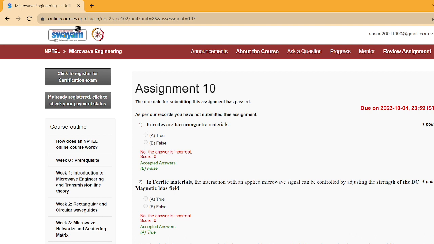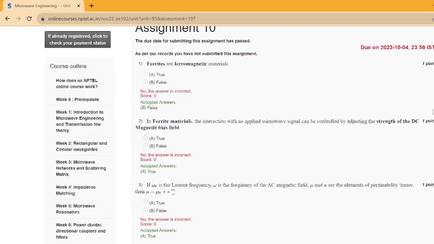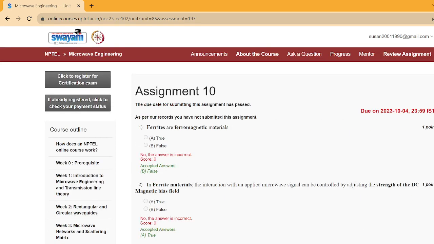So the true or false is based on that. Ferrite is like a ceramic material. It is very magnetic in the sense that it is attracted by the magnetic field, or we can say it can be magnetized. So ferrites are very magnetic, which can be magnetized with the application of some field. That is the point there. Okay, thank you for pointing out this question.